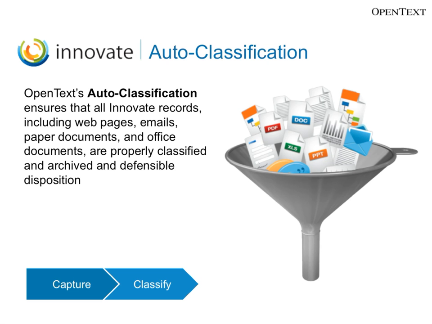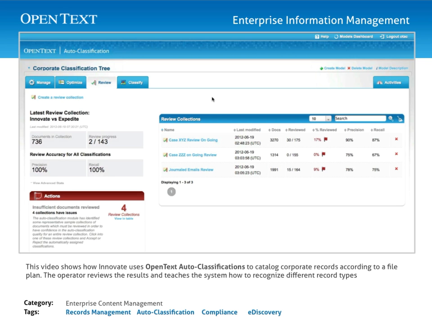OpenText auto classification ensures that all Innovate records, including web pages, emails, paper documents, and Office documents, are properly classified. So let's see how auto classification works.